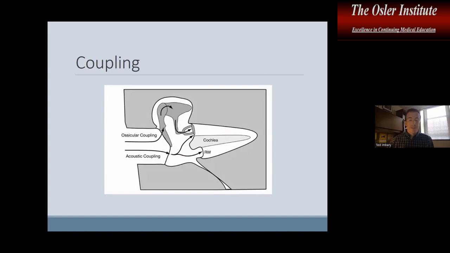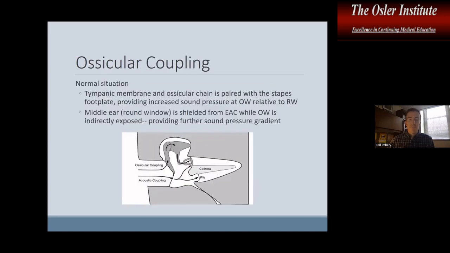So this schematic again illustrates that the majority of energy is going to be coming via ossicular coupling, vibrating the drum and the ossicular chain, and then causing a sound pressure wave through the oval window, but again, some minimal contribution from acoustic coupling, more present in diseased ears.